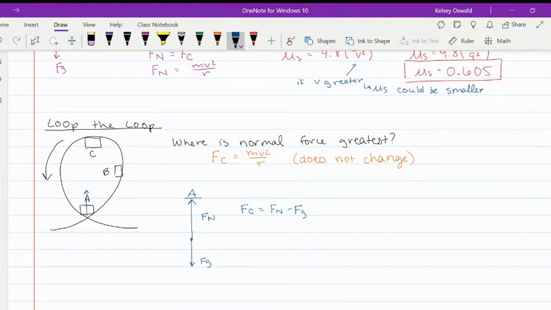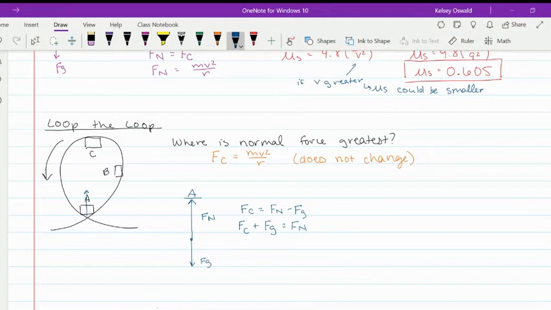And then the force pointing opposite that center, we're going to subtract that one. So in this case, our force of gravity. So to solve for our normal force, it'd be our centripetal force plus our force of gravity is equal to that normal force.